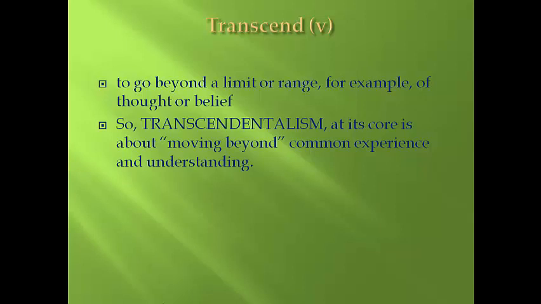Firstly, before explaining transcendentalism, let's explore the word itself. To transcend means to go beyond a limit or range, for example, of thought or belief. So transcendentalism at its core is about moving beyond common experience and understanding.